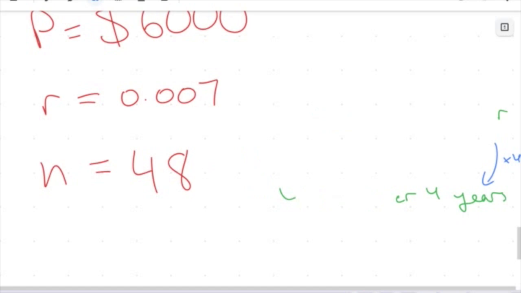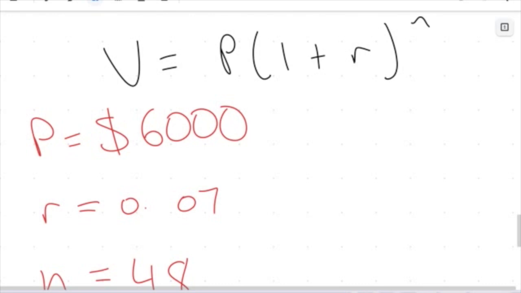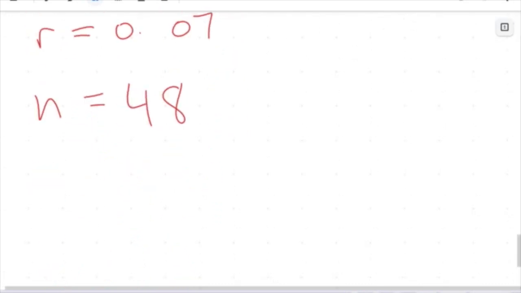Therefore, the values are going to change. My formula still looks the same way. It's just the values change depending on how often my investment compounds.